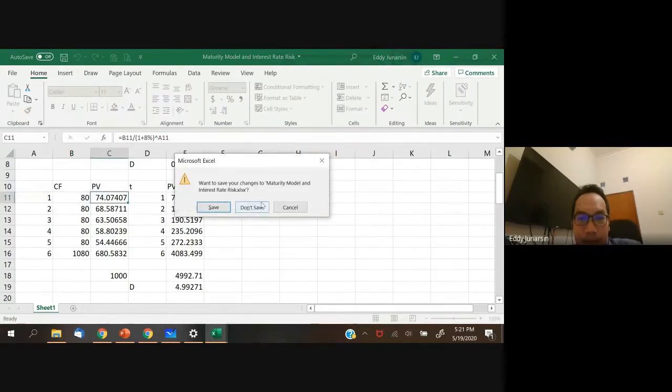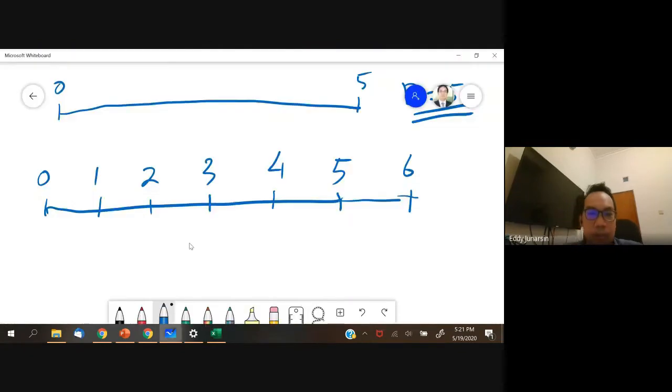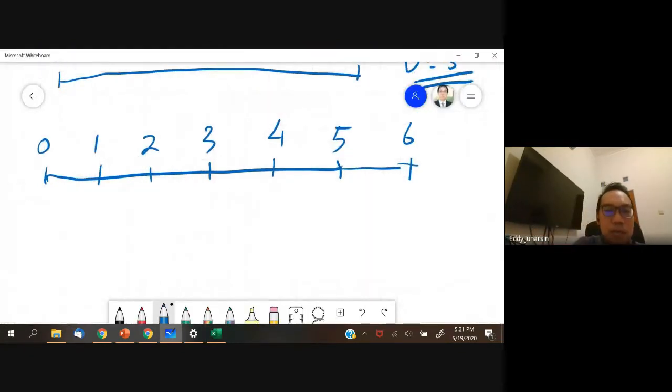Okay, so let's write it here again. 8% coupon rate and market rate of 8%. Then be careful, okay? The coupon rate is the same as the market rate.